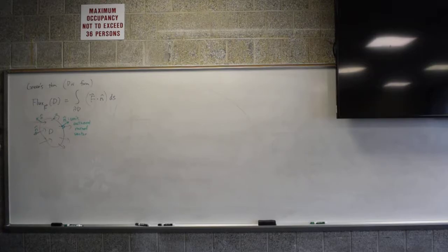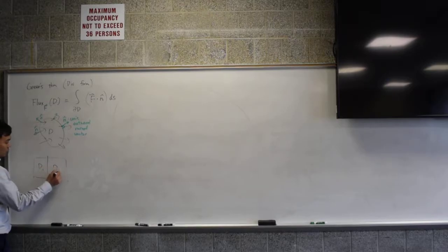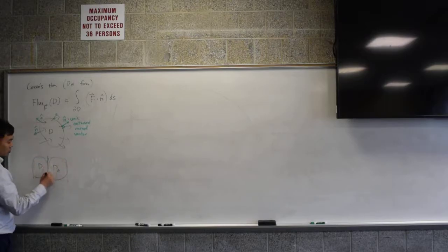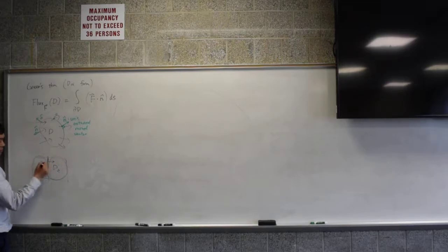Okay. All right. So this is what we call the flux, and flux also has this additive property, meaning that if you have two domains which are sharing a neighbor, then when you do the integral around this one and this one, when you're doing this, the outward normal is that way, whereas if you're doing this, the outward normal is this way, and they're exactly the same and opposite.